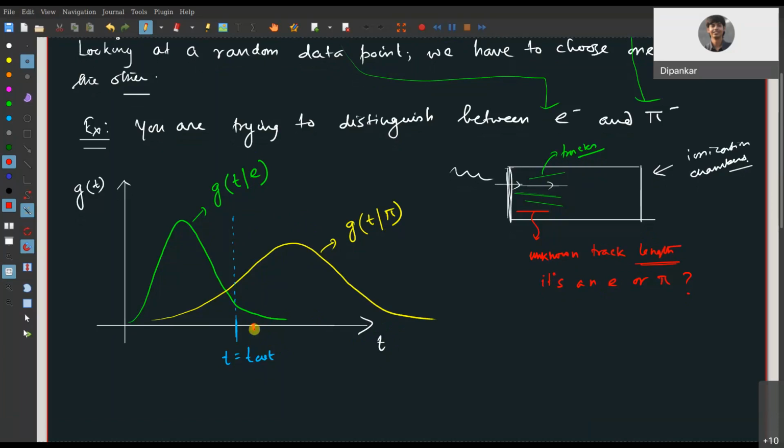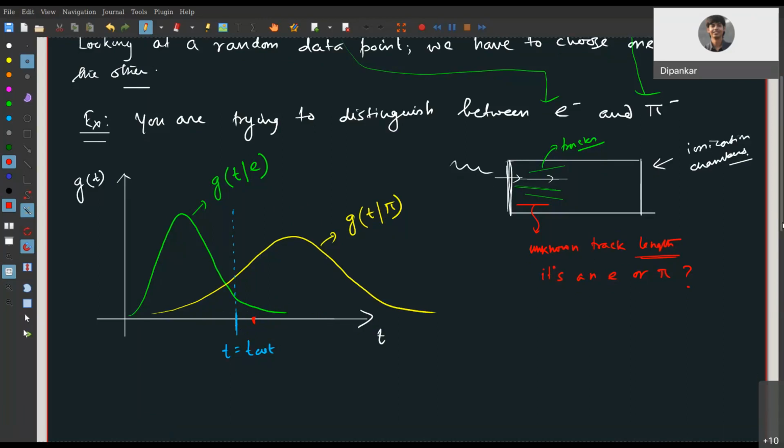Okay, if the observed t is below this t cut, then you accept H0 and you reject H1. You reject H1 in favor of H0. Now, of course, since these are all statistical distributions, these kinds of decisions are prone to error.